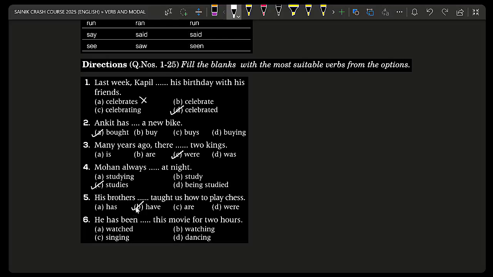Option B, you're saying. Yes, sir. Correct answer, but why? Why don't you choose has? Sir, what is the difference between has and have? Has is used for singular, have is used for plural, right? Yes, sir. His brothers singular or plural? Plural, sir. That's why.